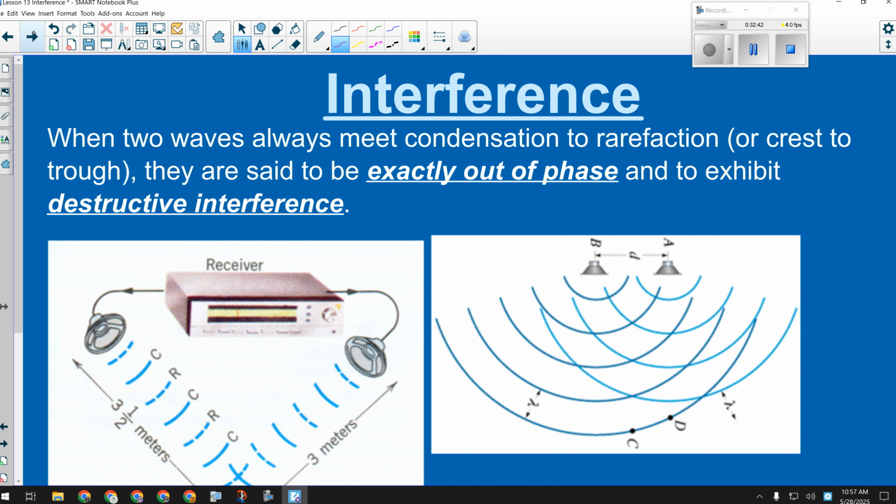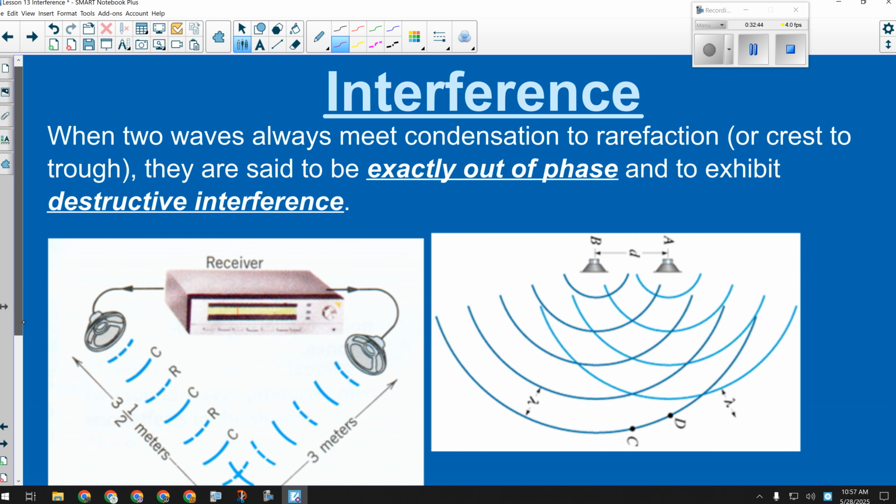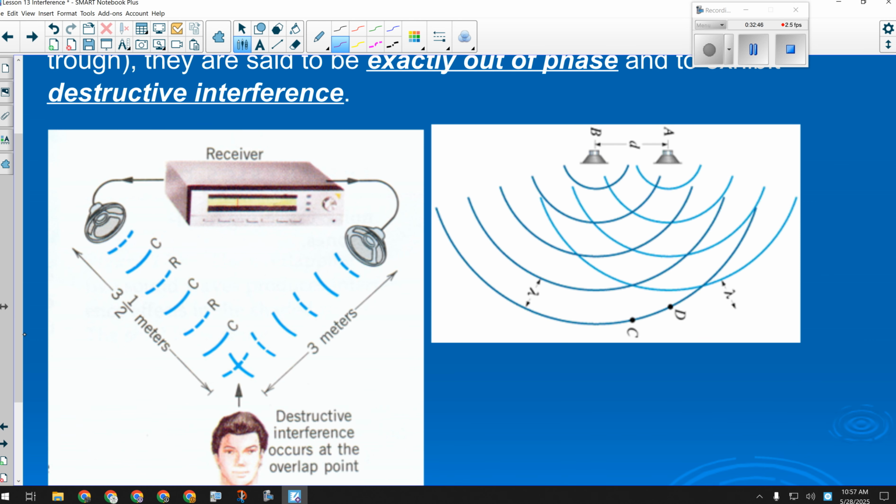So if we alter that first situation and I back up this one speaker, now this speaker is 3 meters from the observer, but this speaker is now 3.5 meters from the observer, and again, we're still listening to sound with a wavelength of 1 meter. Now, sound waves from this speaker travel 3.5 wavelengths.